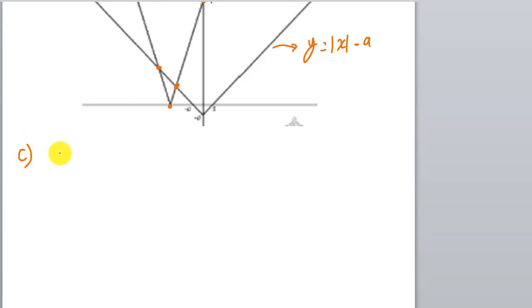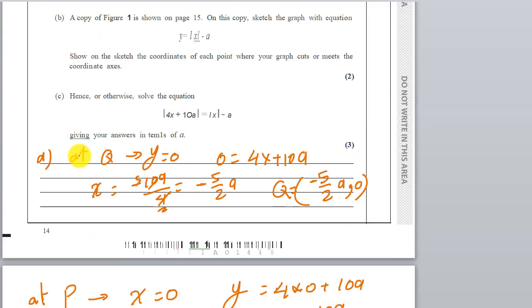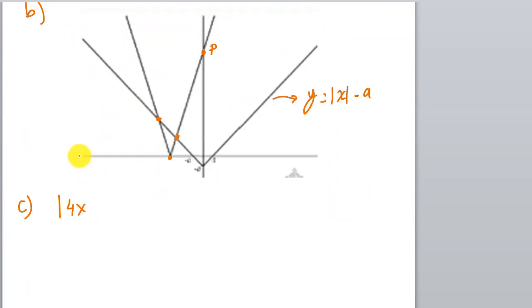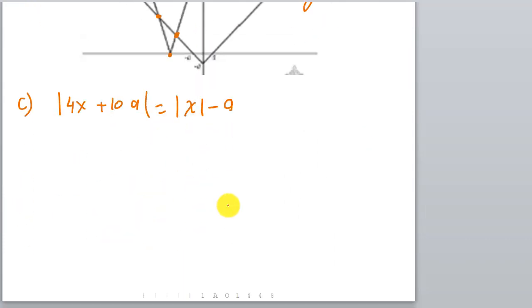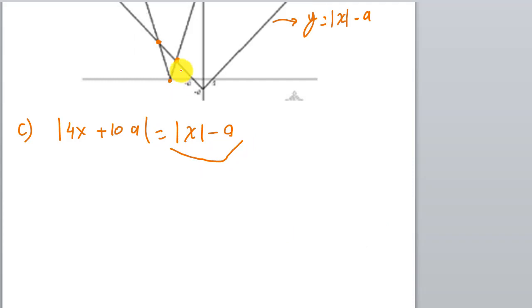So you need now to solve the equation 4x plus 10a equal to absolute x minus a. Now, what is the situation? This x all the time is negative. This part all the time is negative because the coordinate here is negative. X here, the first one and second one is negative.